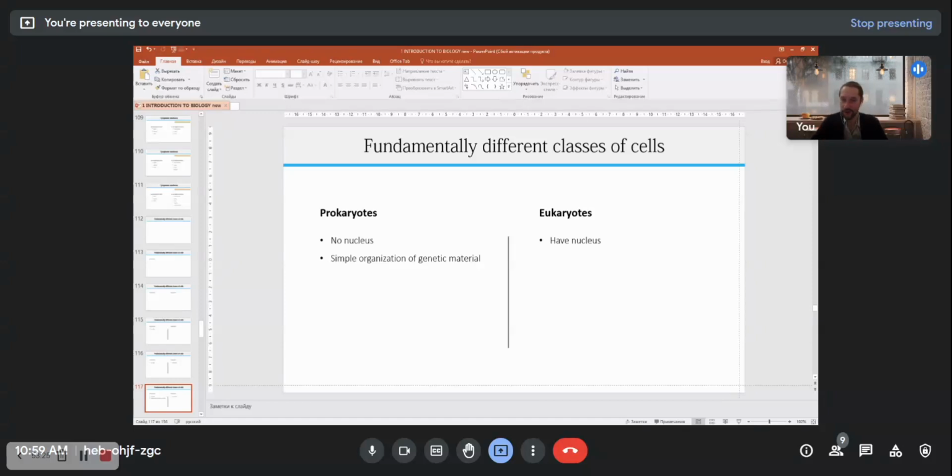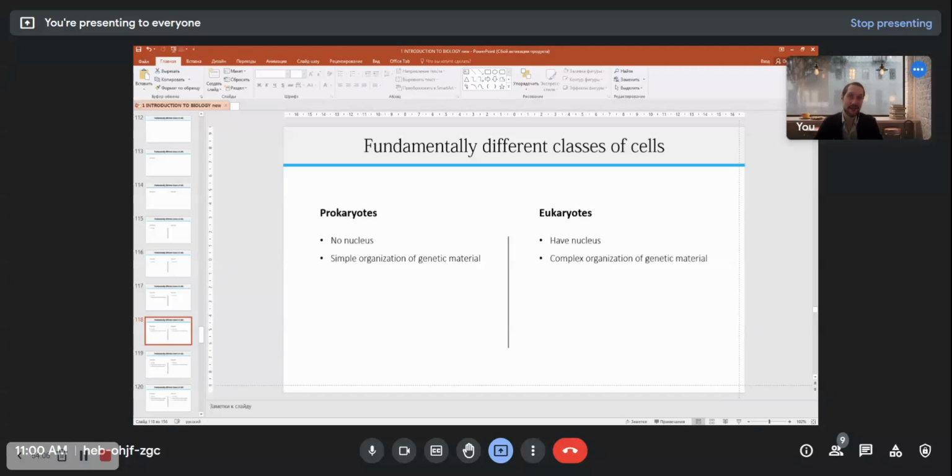Prokaryotes also have a simple organization of genetic material, while eukaryotes have a much more complex organization of genetic material. As my mentor said a long time ago, when we were talking about weaknesses and strengths of a certain method, she told me that it's not reasonable to say that something is a weakness or a strength, but more correct to say this is a property.